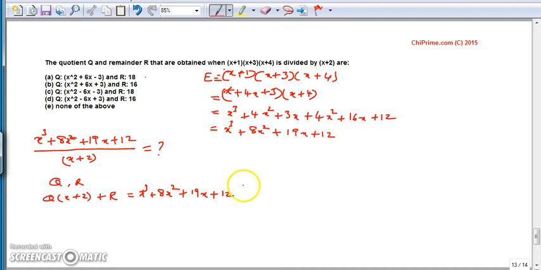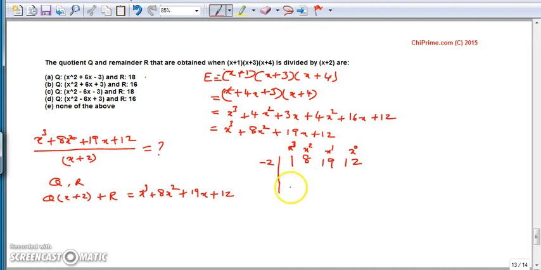In synthetic division, we first translate this expression into the following form: 1, 8, 19, 12. So x to the 0 has a coefficient of 12, x to the 1 is 19, x squared has a coefficient of 8, and x cubed has a coefficient of 1. And in the synthetic division, we're trying to divide everything by x plus 2, so we put a minus 2 over here.